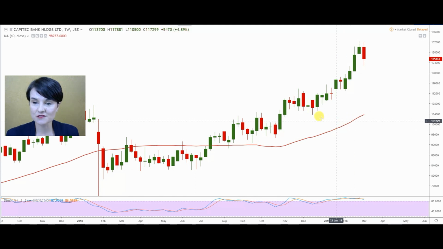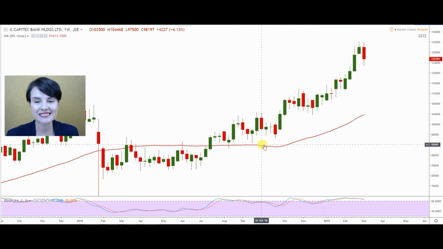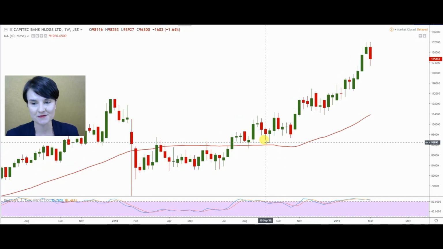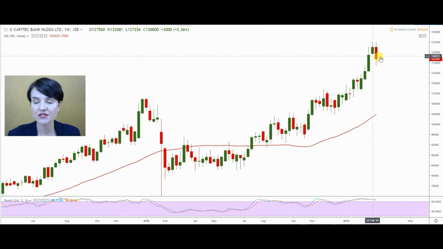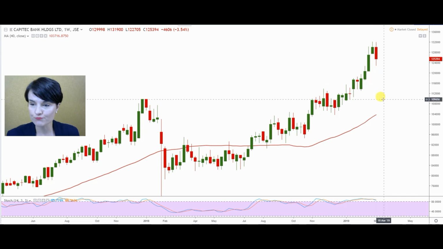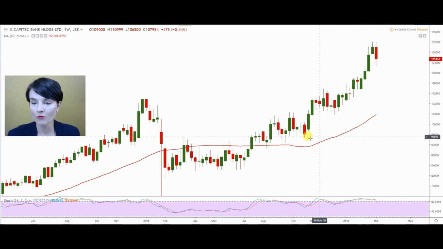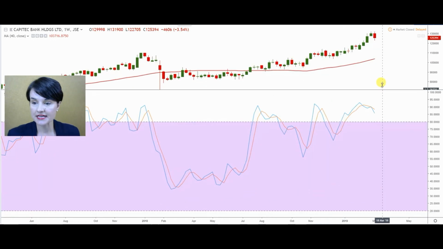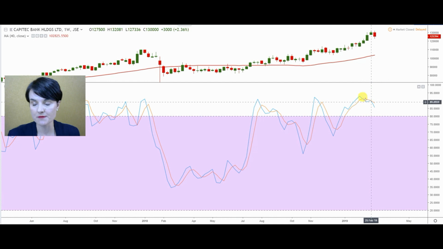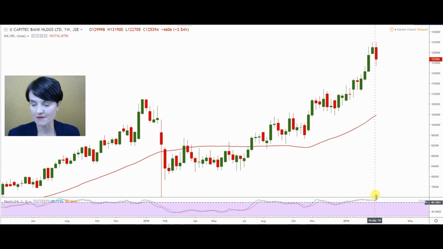So this tells me that when it's run that far away from the 40-week moving average, it means that they might have been too optimistic about the share and that the share might just have to take a breather and retrace again to normal levels, to the average levels over the last 40 weeks. The indicator on the stochastic is also heavily overbought at the moment, and we can see that there's a divergence telling me that the share is losing momentum and that selling pressure is on the table.